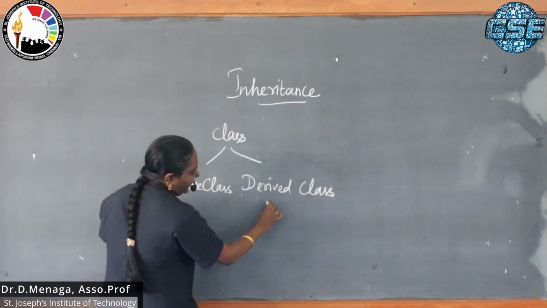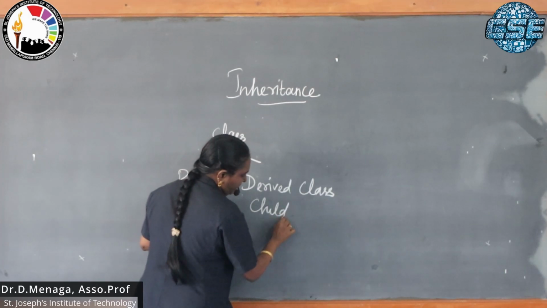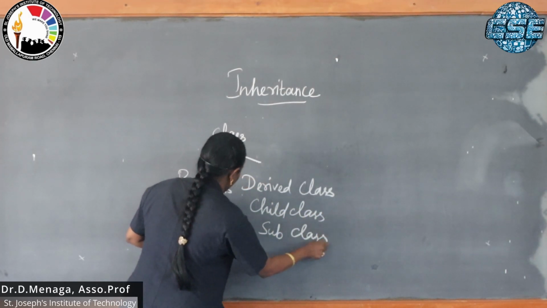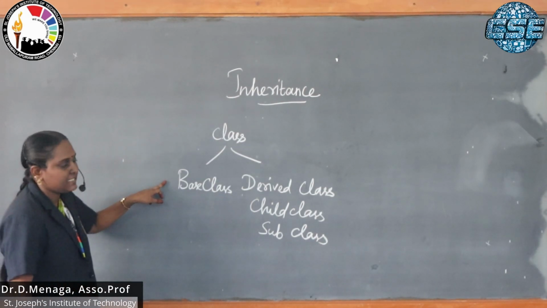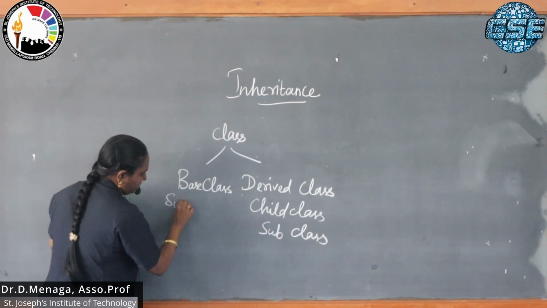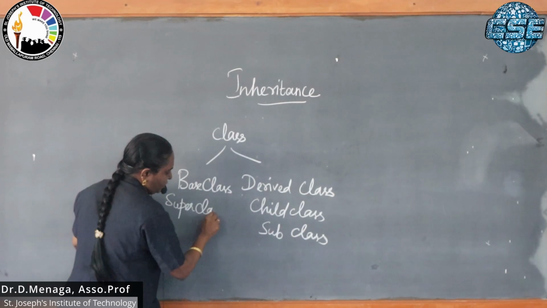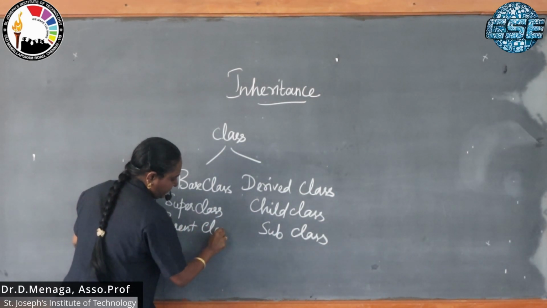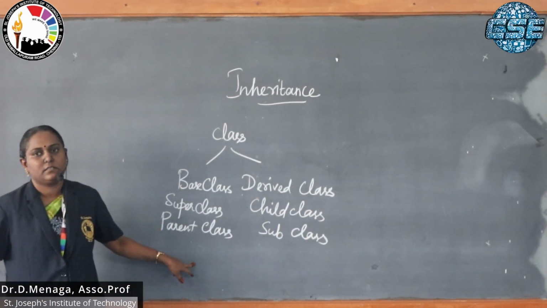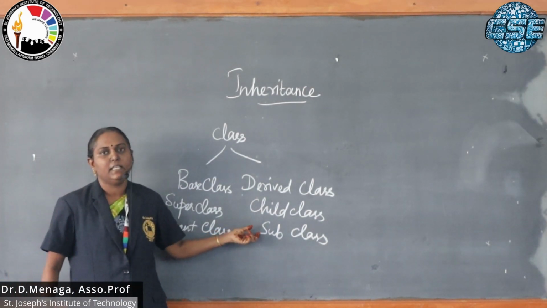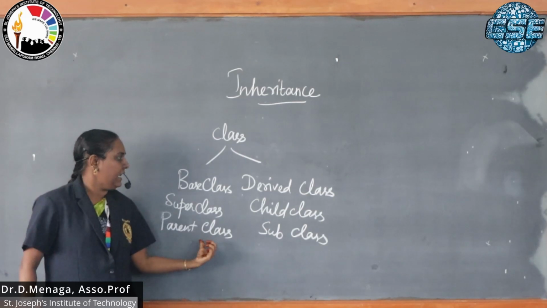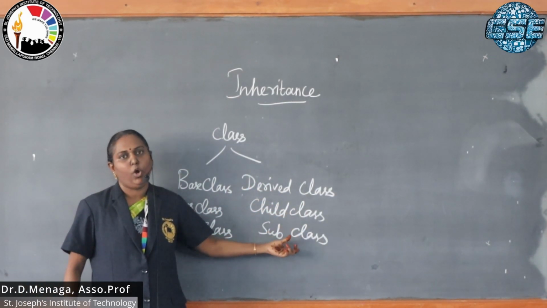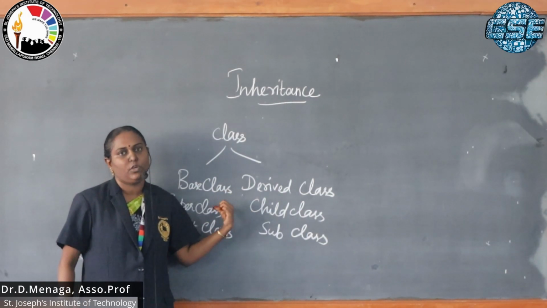The other names for derived class are child class and subclass, and the other names for base class are superclass and parent class. So whatever properties and methods are in the base class can be accessed from a derived class. Usually, using an object, we can access the properties and methods of a class.